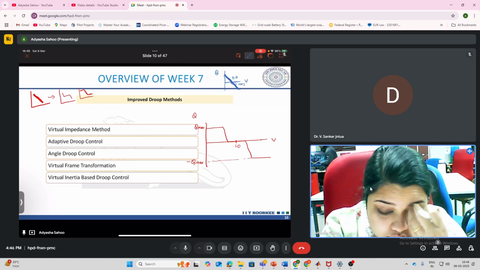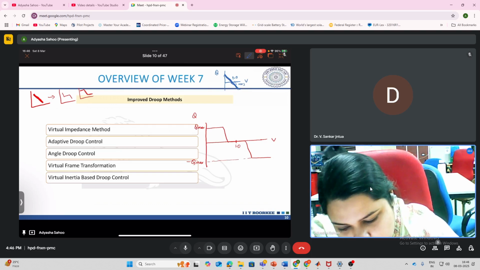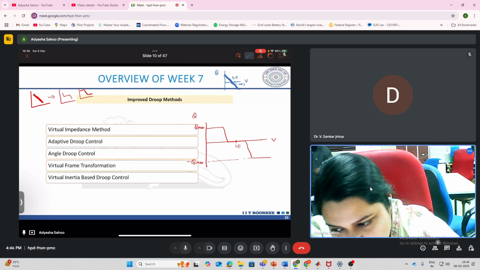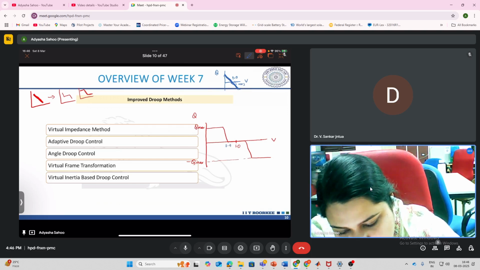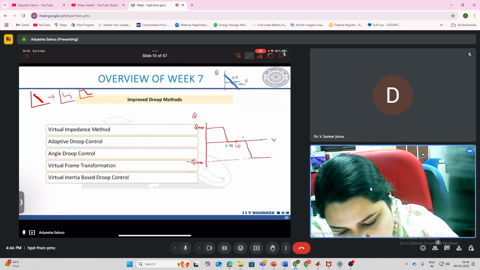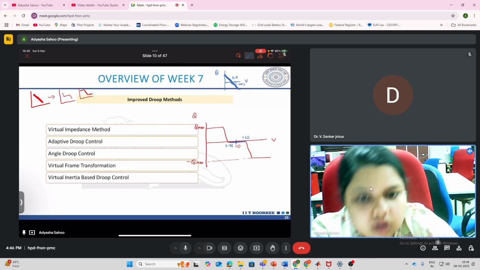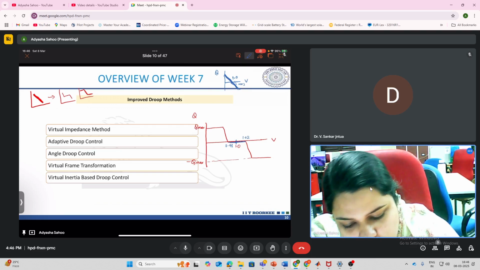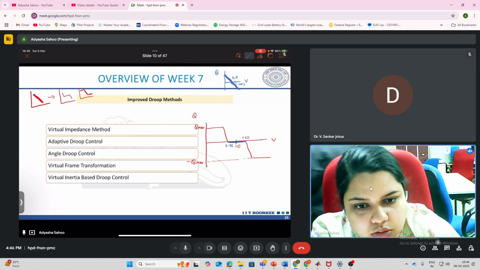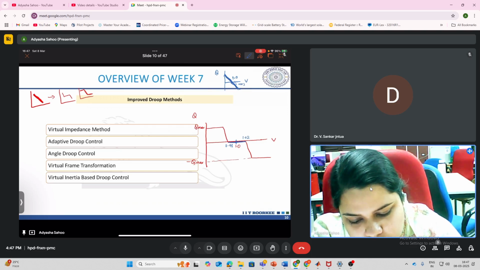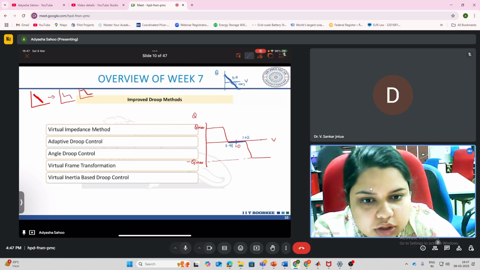So what we did is we modified it so that if the voltage is, let's say, between 0.98 to 1.02, within this band, we say that it is an acceptable voltage range. We do not want the droop controller to act, so we do not inject or absorb any Q from the system. Hence the droop control is idle within this voltage band.